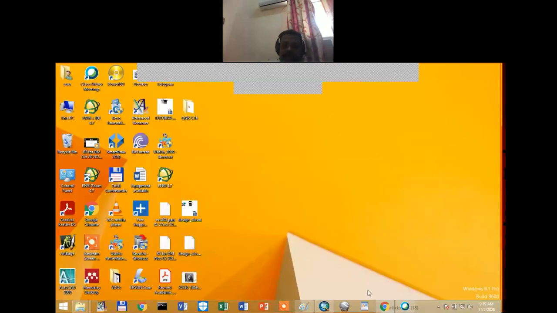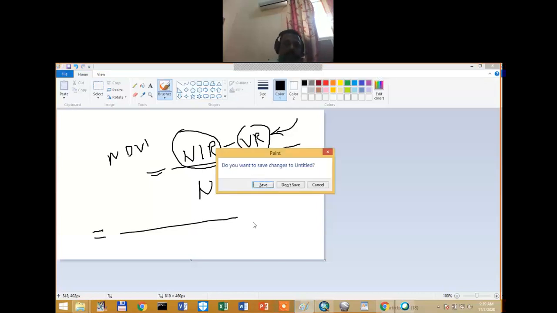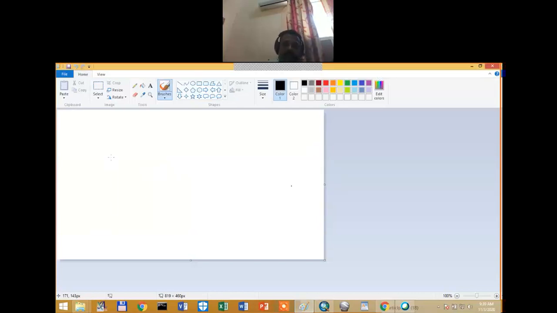In that case, I should explain it in this form. Do you remember this usual spectral signature of a green leaf? So this is our blue band, this is our green band, this is our red band, and somewhere here we have the near infrared band.